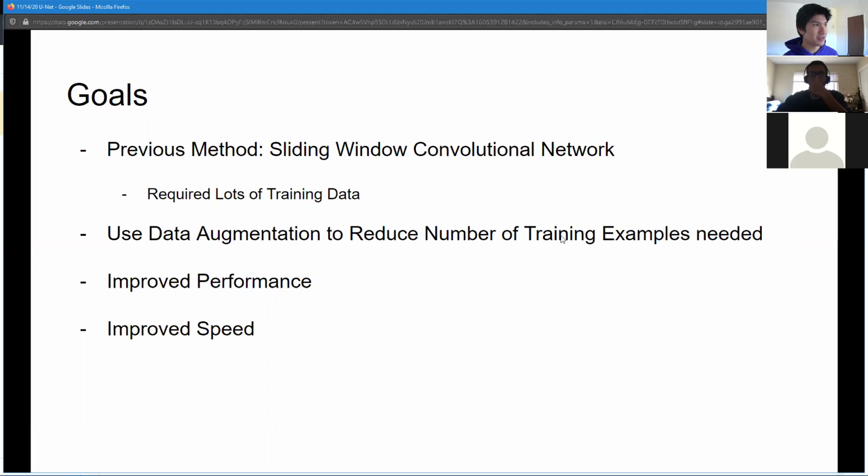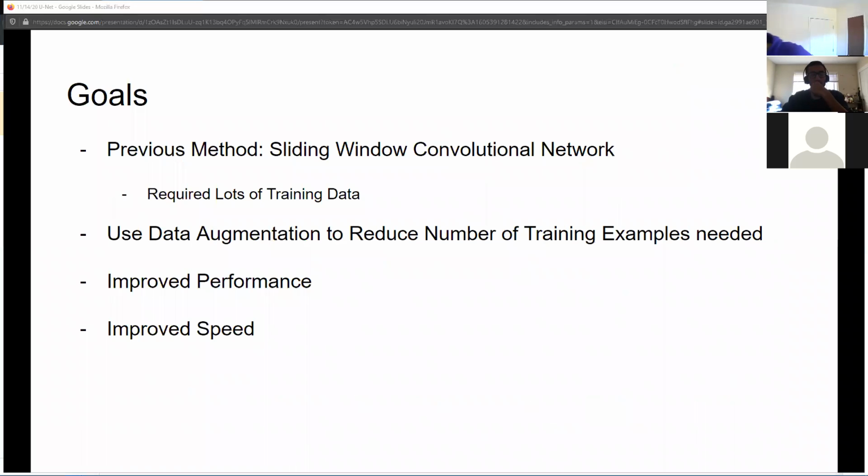Kartik, you're here. Do you want to go over this slide since you added it? I am here. Yep, I can go over it. So basically, for this paper, they introduce a new approach as opposed to a previous approach, which uses a sliding windows convolutional network for this task. The downside to that previous method was that it required a lot of training examples.